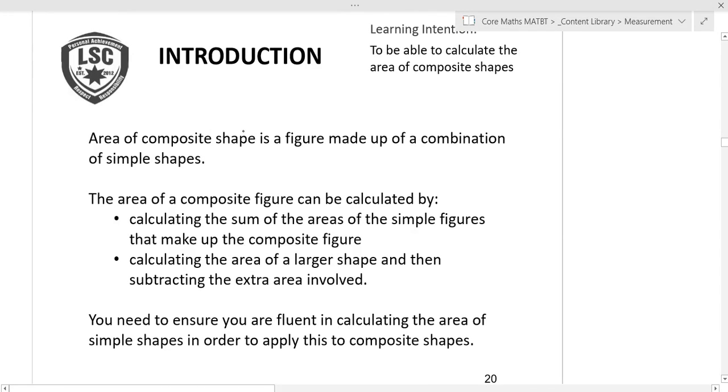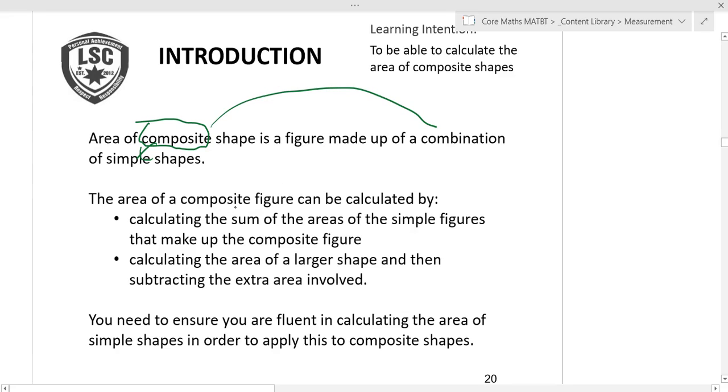According to this, the area of a composite shape is made up of a combination of simple shapes. The best way to understand composite is a combination of simple shapes, just a bunch of simple shapes put together.